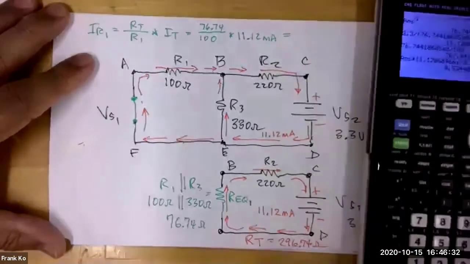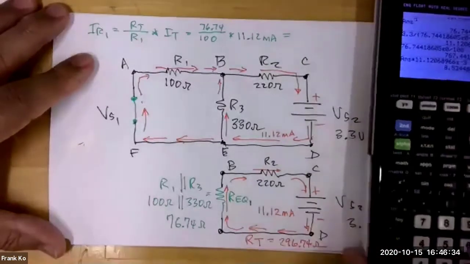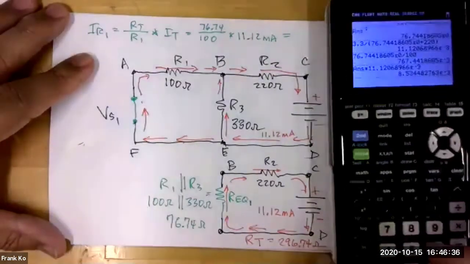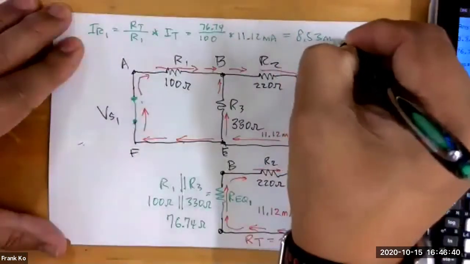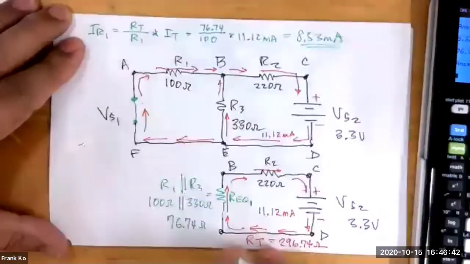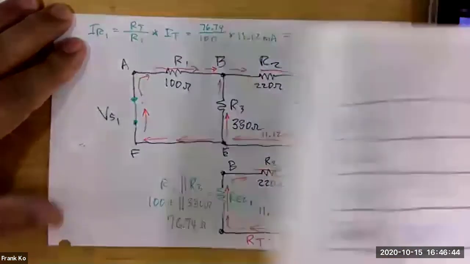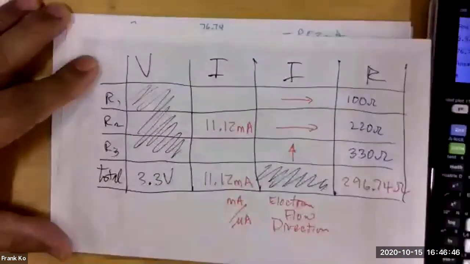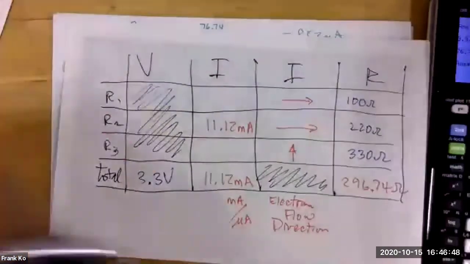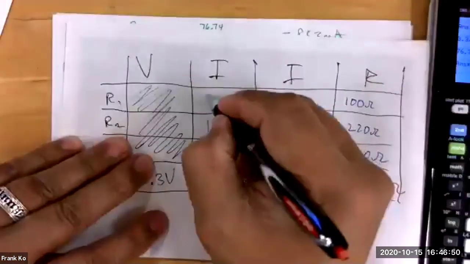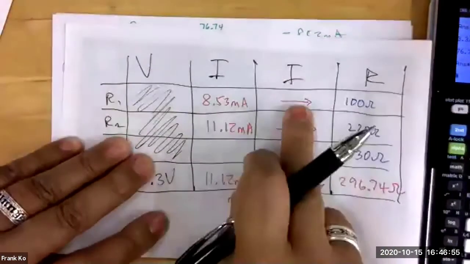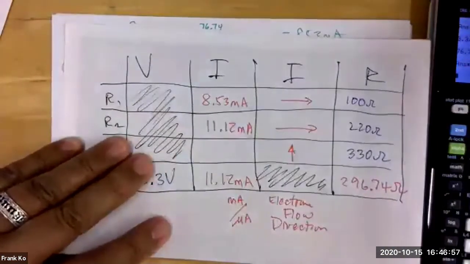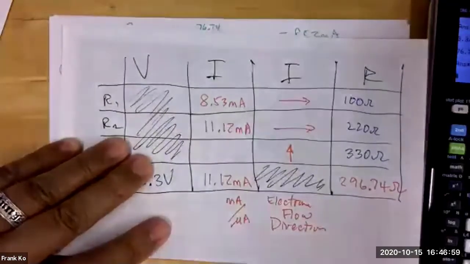And we concur with 8.53 milliamps. So can I now fill in IR1 with 8.53 milliamps? And we already determined the direction was going to the right.